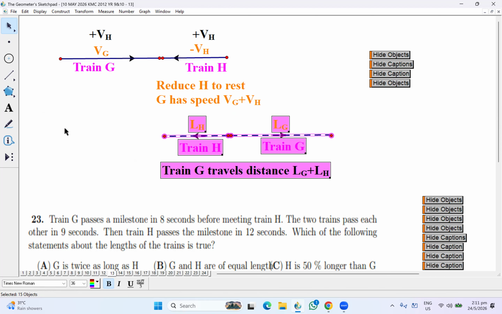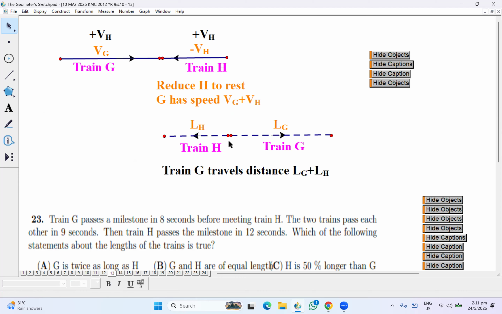After they pass each other, I draw VH, train H still in the same position, not moving already. Then LG, from here, the front of the train comes to here. So LH plus LG is the distance covered, with a higher speed, VG plus VH.